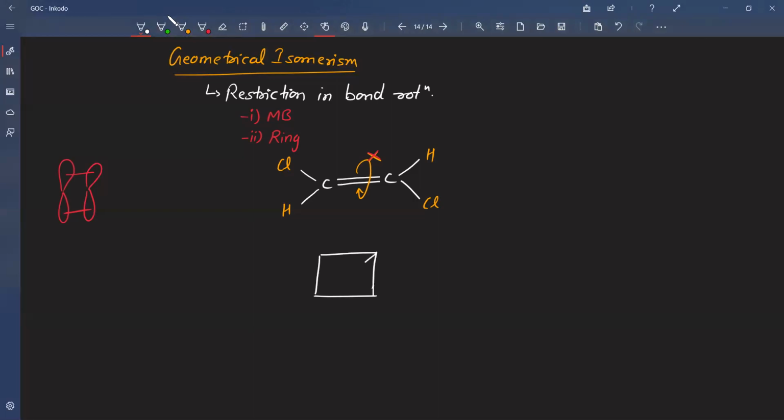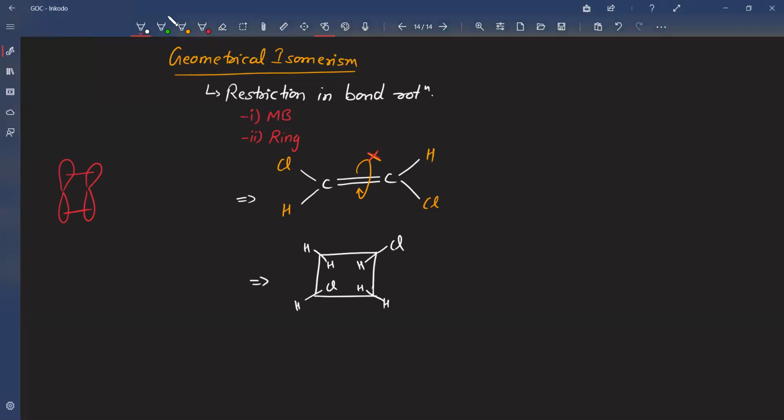So again here, suppose in these there is H and H, here there is H and Cl, here hydrogen and hydrogen, and here H and Cl.